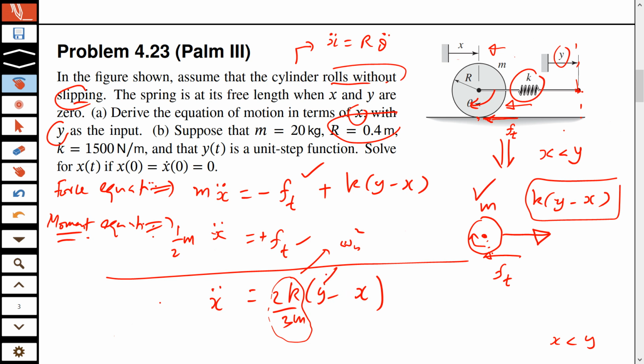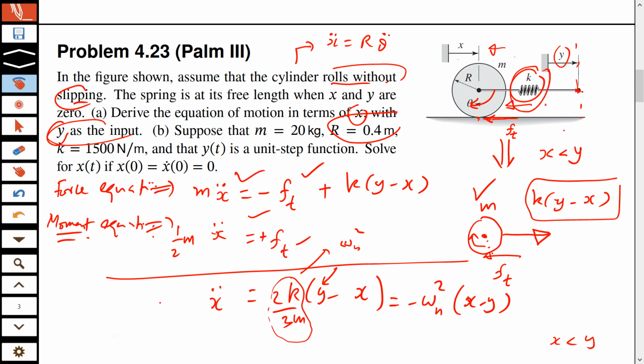Because of this minus x, now you see this y is there because that's an input. Normally you don't have an input. So it is in this form: minus omega n squared times x minus y, if I take that minus sign out. Is there any question here? Because we have been dealing with these equations over and over.